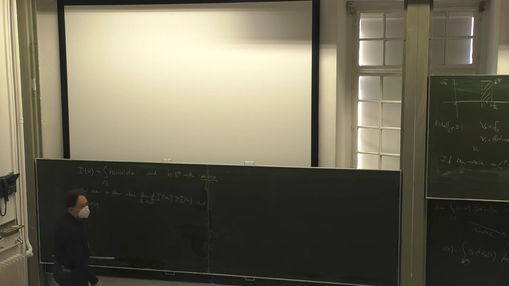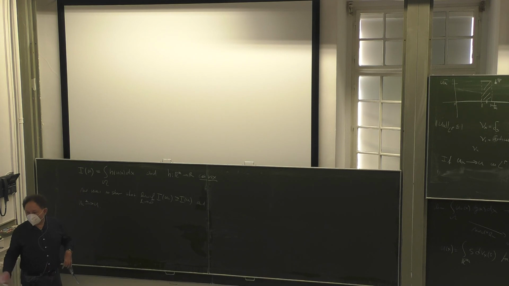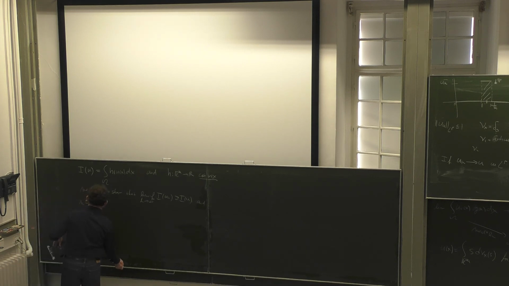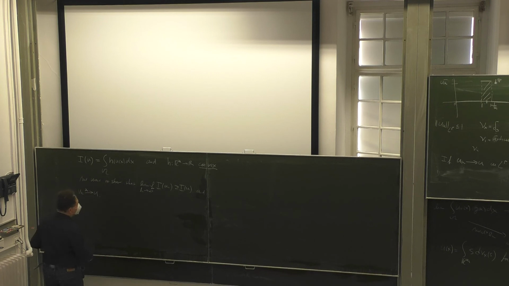This is something we know already from last week Monday, because this is a convex functional. But now there is a new technology, so we can apply it. So I take a subsequence which does this lim inf, and I can also take a subsequence of it which generates some measure.